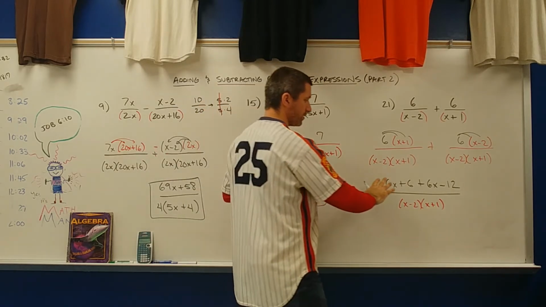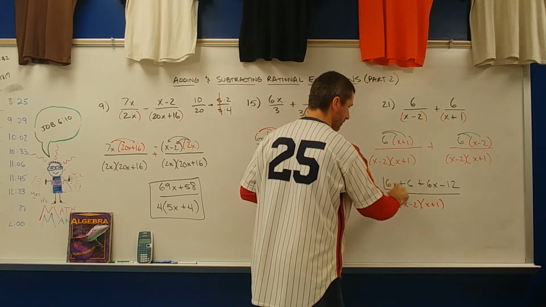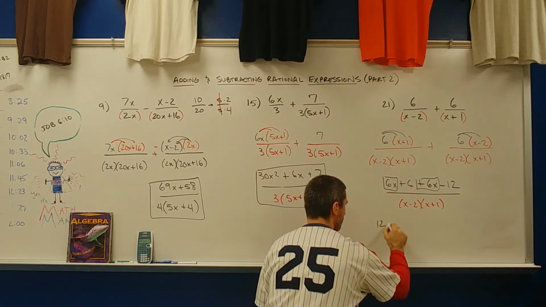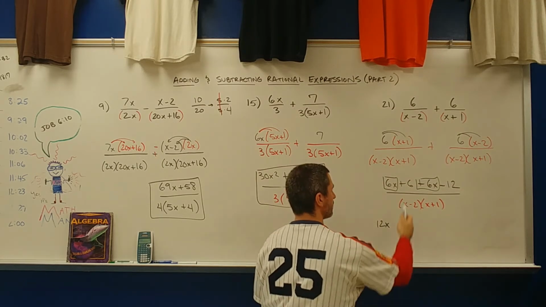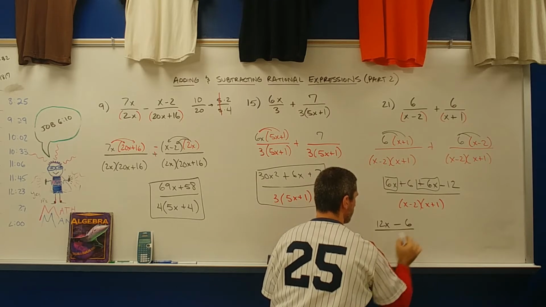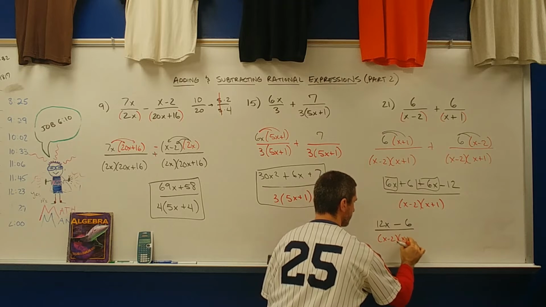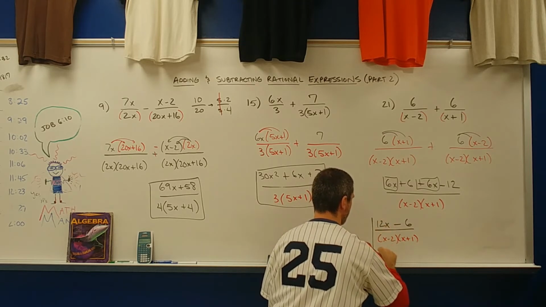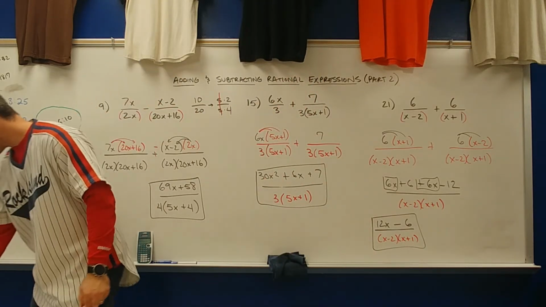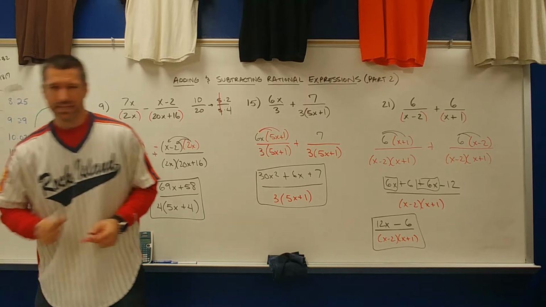So you've got 6x and 6x makes 12x if you combine those two. So I'm going to go down to a knee again. I've had to do this a lot lately. And then we've got 6 minus 12 is minus 6. Okay? All over x minus 2 and x plus 1. Take a quick peek over here. That's what it says.